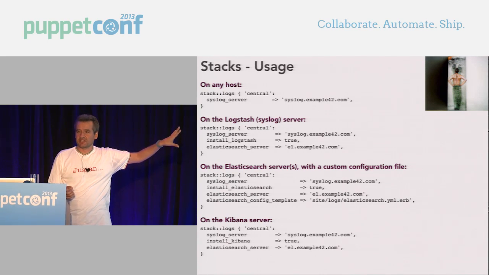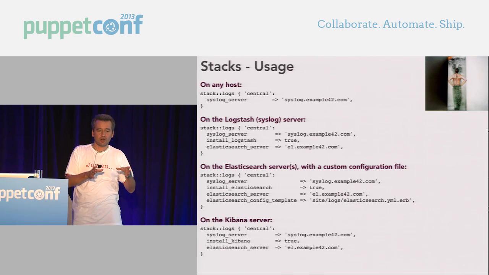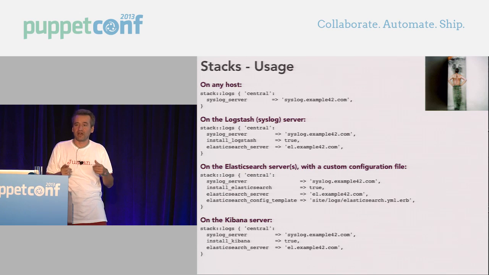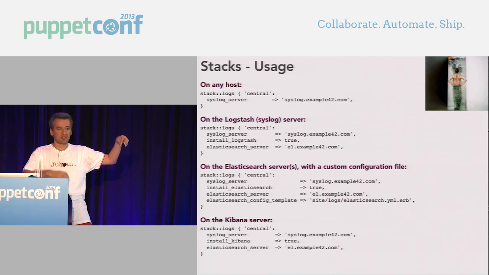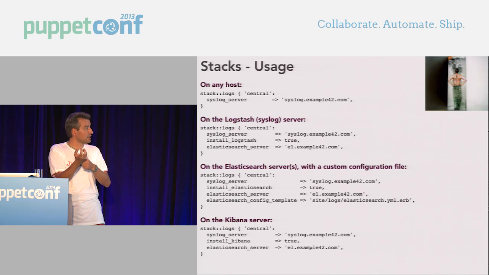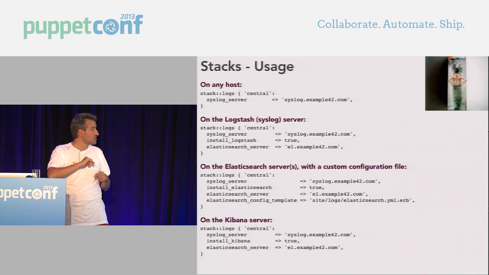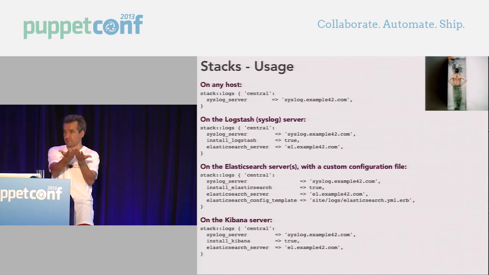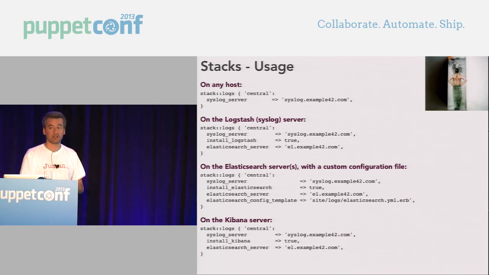Actually, this specific stack is based on a specific architectural layout of a logging infrastructure: nodes, syslog central with logstash getting all the logs, saving them to Elasticsearch and having a Kibana server to expose the logs and have a graphical interface to them.